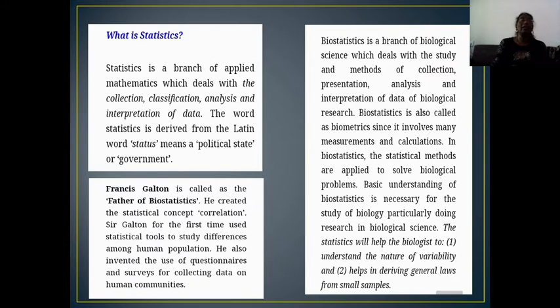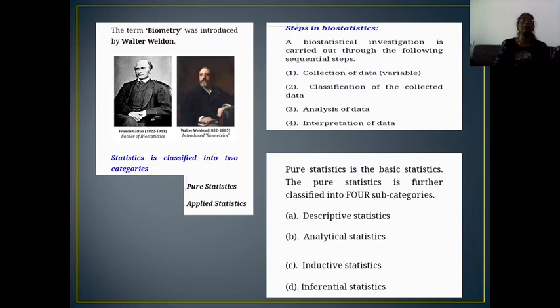He created the statistical concept of correlation. Sir Galton for the first time used statistical tools to study differences among human populations. He also invented the use of questionnaires and surveys for collecting data on human communities.